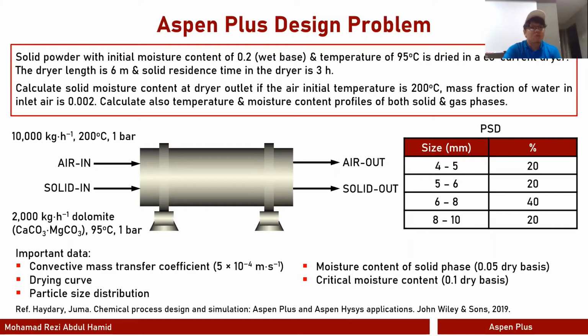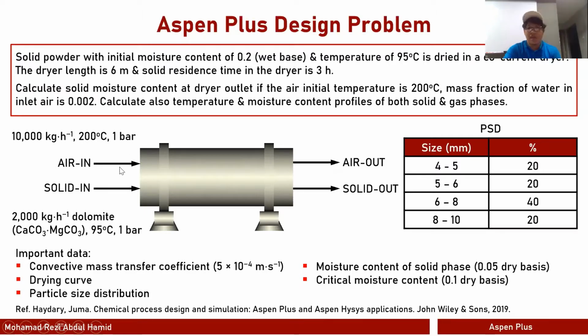Okay, coming back to our design problem. Basically, we have a convective dryer. Here, this is our convective dryer. We have solid dolomite at around 2,000 kilograms per hour, at 95 degrees Celsius and 1 bar pressure. And as I said, it has a moisture content around 0.2.